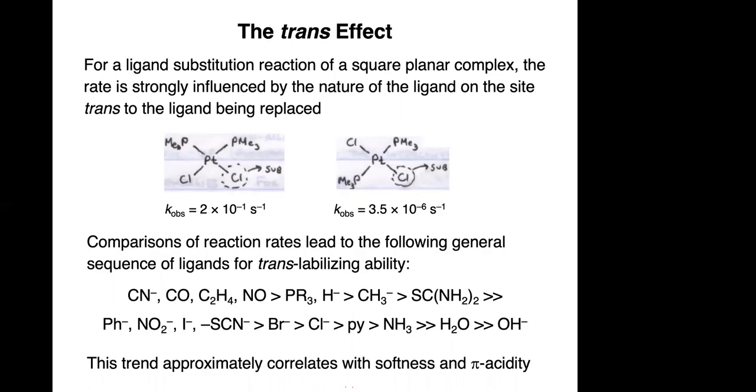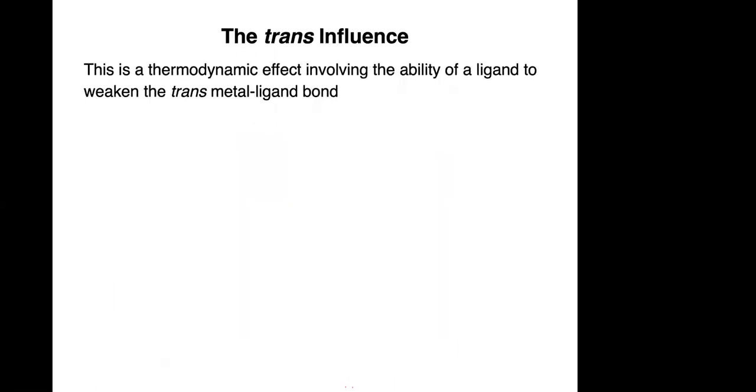All right, so let's try to trace why this is the case, why the trans ligand is so important. And so there's another effect that's sometimes confused with the trans effect, but it shouldn't be. This is called the trans influence. And the trans influence is a thermodynamic effect, whereas the trans effect that we just went through is strictly a kinetics observation.